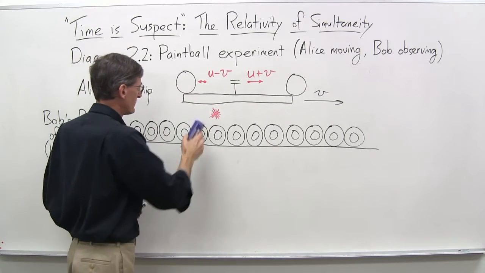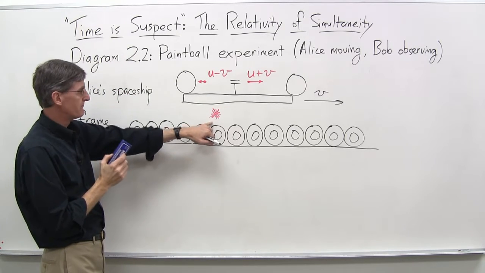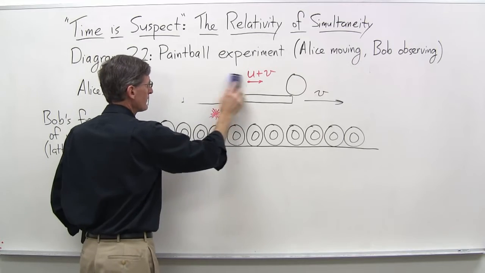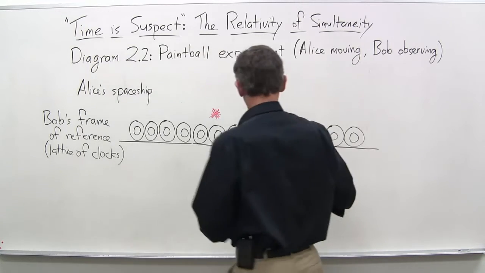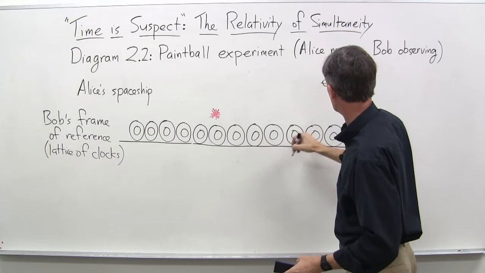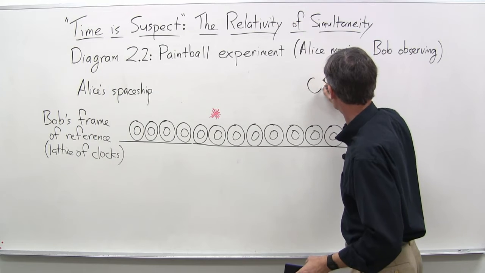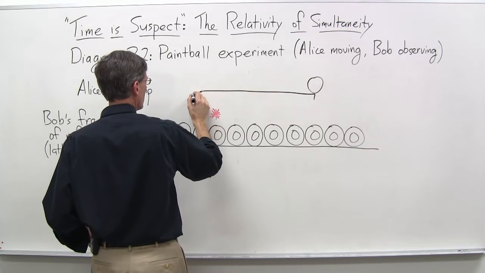So they end up in our next diagram. Remember, this is the initial launching point. They end up in the next diagram. Let's see, so where were we here? I think we're now here. We start off 1, 2, 3, 4, so we're right here in terms of Alice's spaceship now.